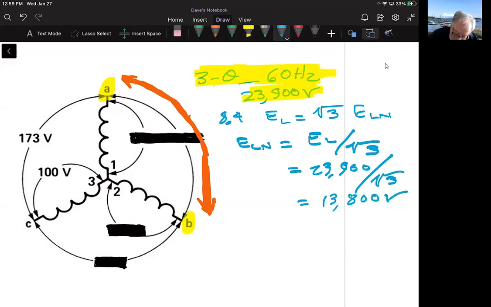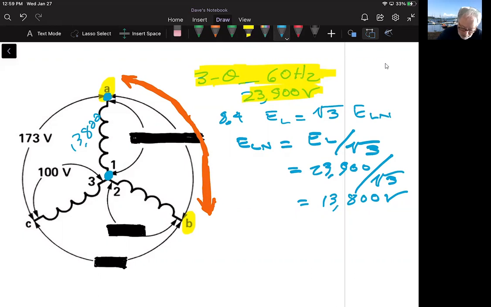That would be the voltage that I would read from here to here, if this would be line to neutral. 13,800, that would be the voltage from phase to neutral if the line voltage or phase to phase voltage was 23,900.